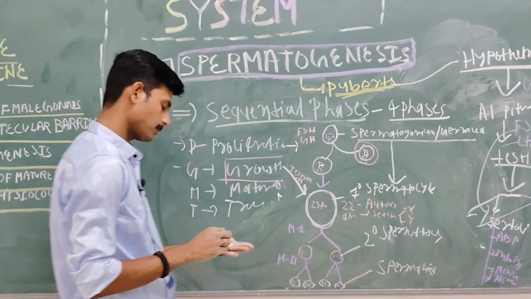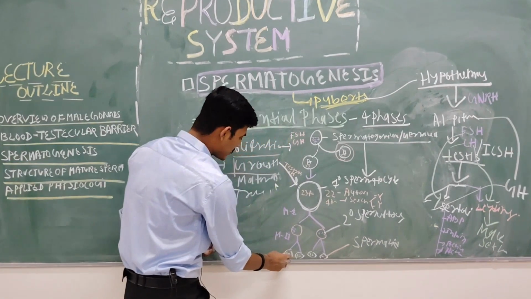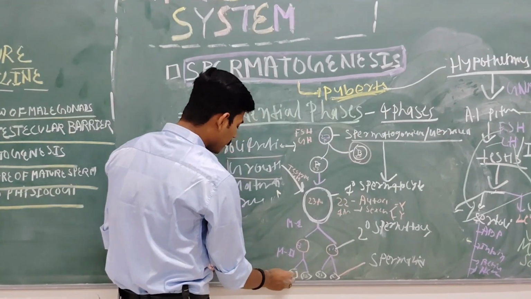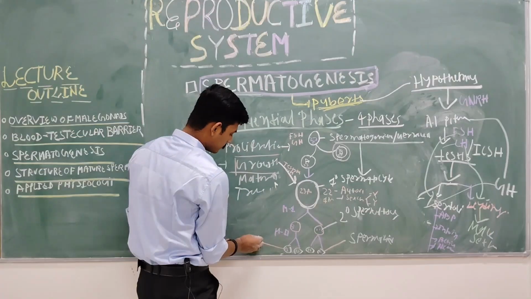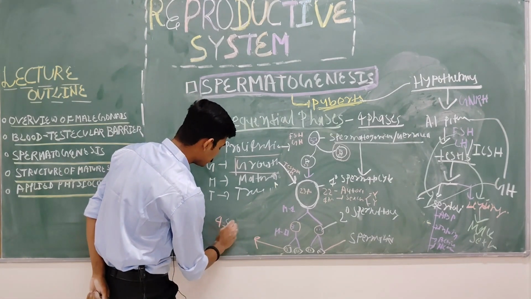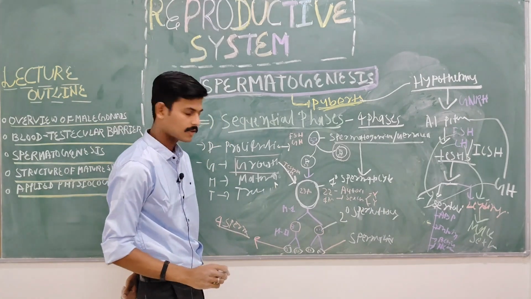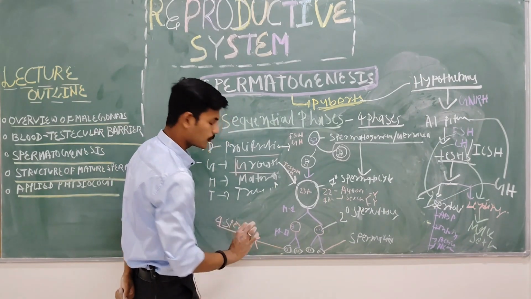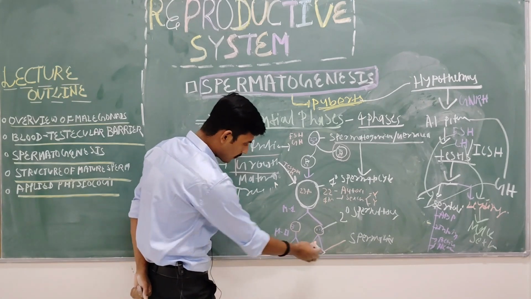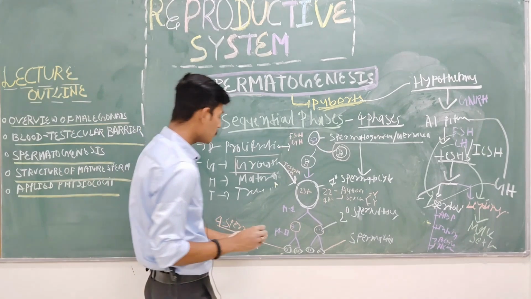Now these 4 spermatids will change into 4 sperms. Very good. And this process of transformation of spermatid to sperm is called spermiogenesis.